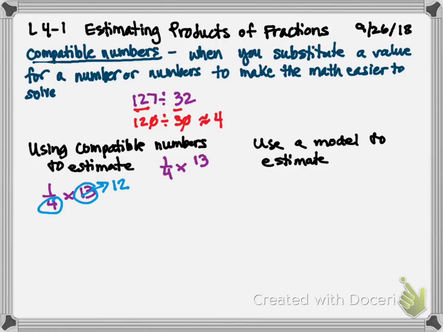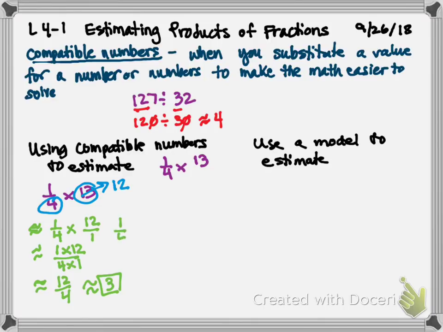So what I can do is say, all right, we've got approximately 1/4 times 12, and I can make any whole number a fraction by giving it a denominator of 1. Now, I'm going to show you 2 ways to solve this problem. First, I can just multiply straight across. Oops, sorry. And I get 12 over 4, which would be approximately 3. Okay? Now, let me show you an alternative.